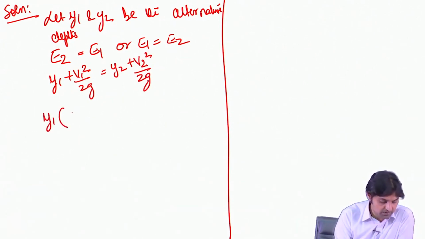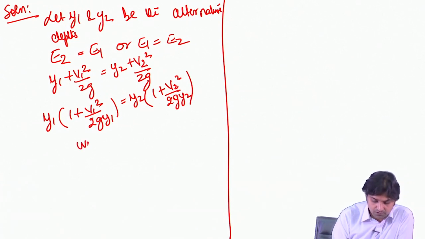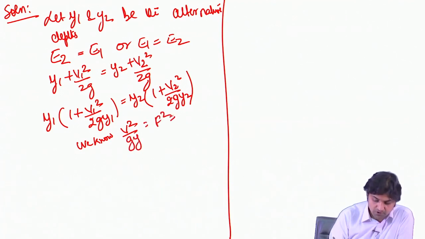So, we will take y1 common. It will become y1 times (1 plus v1 square by 2g y1) is equal to y2 times (1 plus v2 square by 2g y2). And we already know v square by g y is equal to the Froude number whole square.